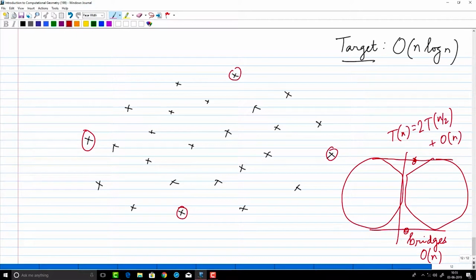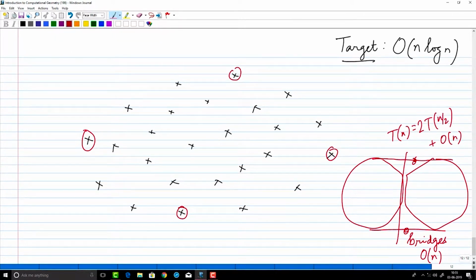So, take this as an exercise: if you can convince yourself that you can compute these bridges in linear time, then the divide and conquer goes through, fine.